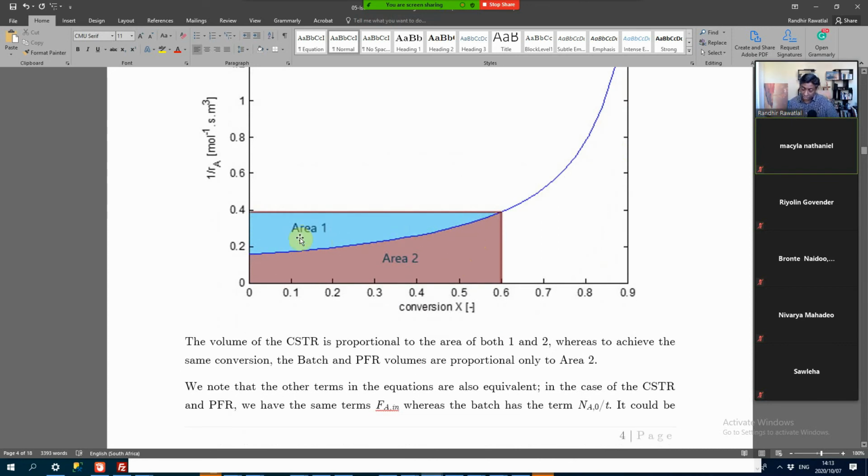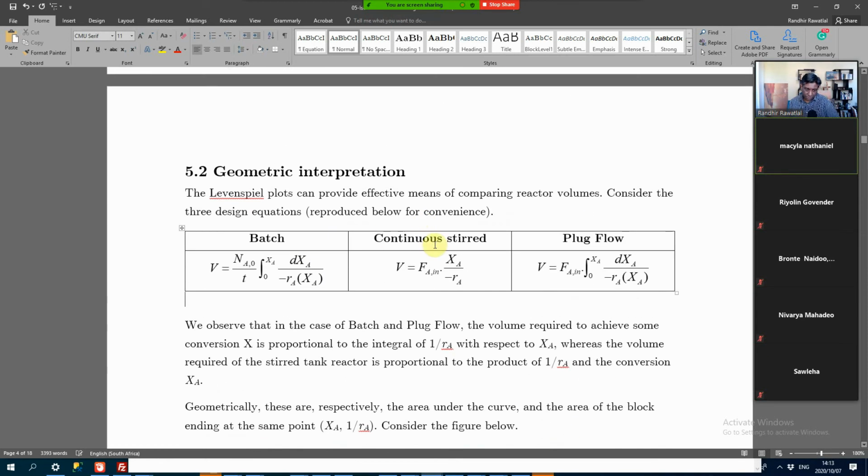So you see in the CSTR case, you've got this extra area 1, which means that there's going to be additional volume required. And we had said before that's because the CSTR is the worst user of its reaction volume.